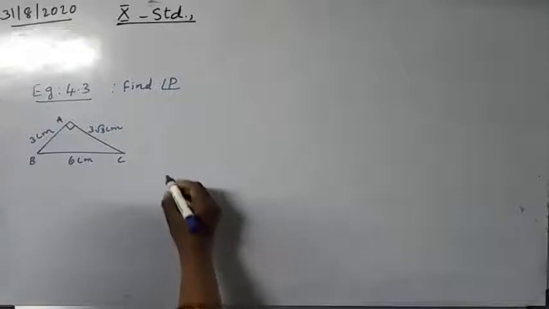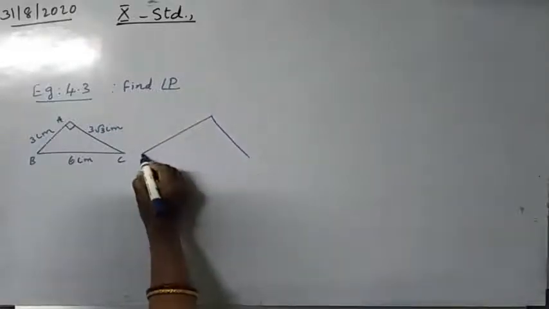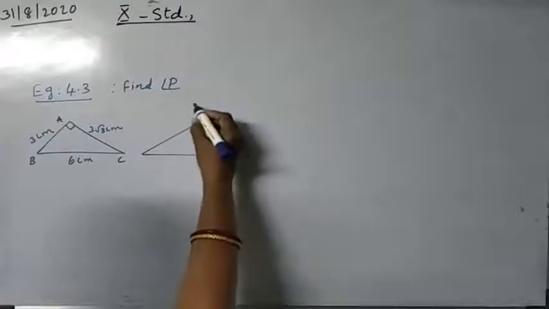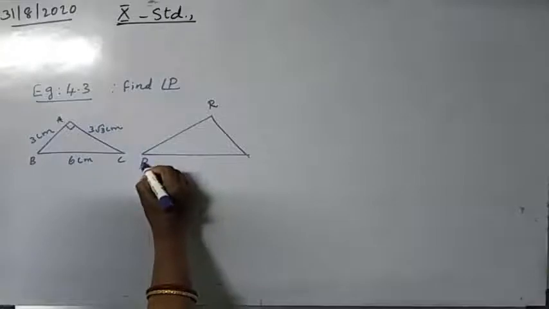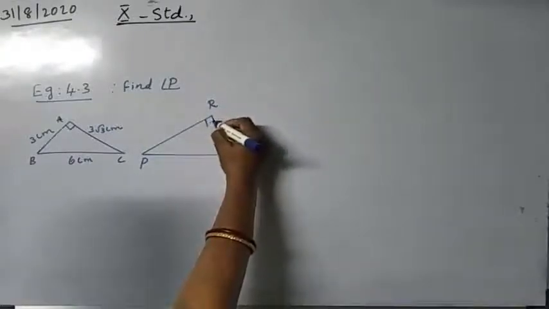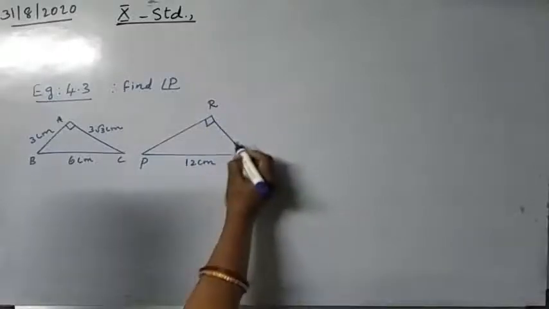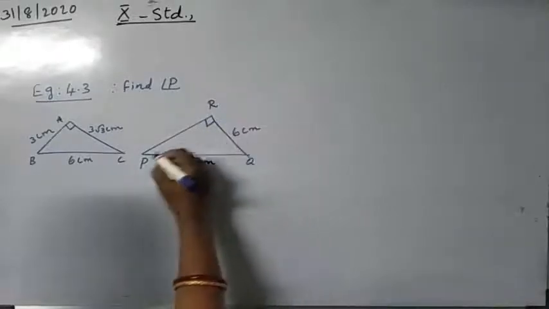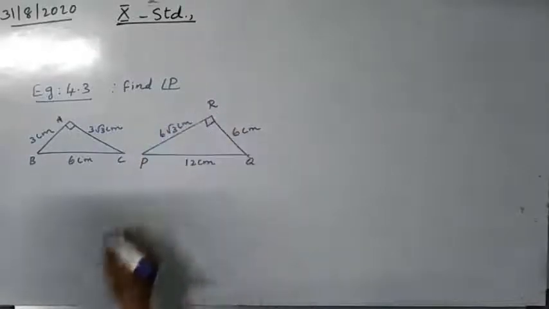And the next triangle is R, P and Q, and the 90 degree is at R. So it is 12 centimeter, 6 centimeter, and 6 root 3 centimeter.